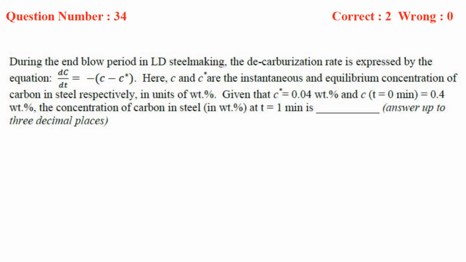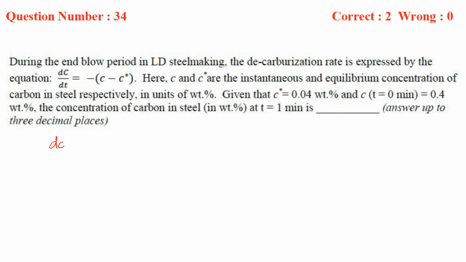Given that C star is equal to 0.04 weight percent and C, the concentration at time t equal to 0 minute, is 0.4 weight percent. The concentration of carbon in steel in weight percent at time t equal to 1 minute is? So after 1 minute we need to find what is the composition of carbon in the steel.